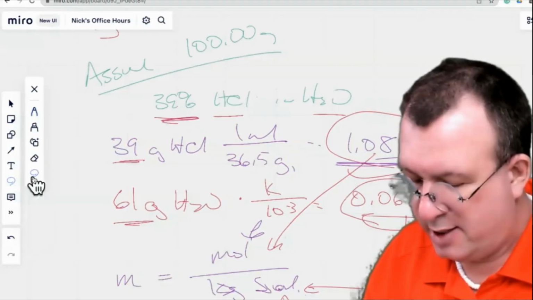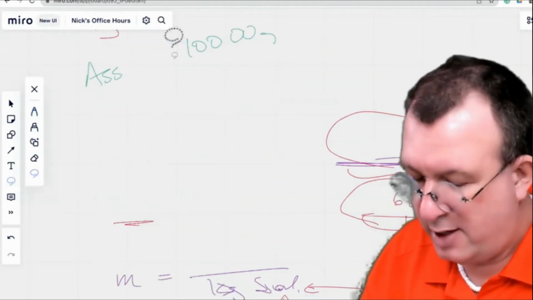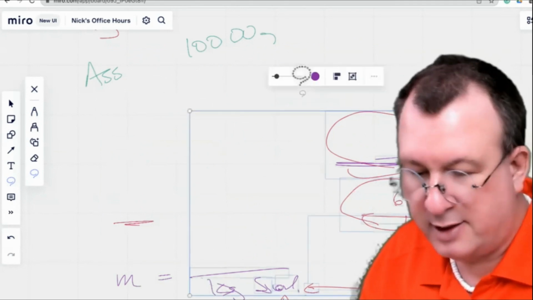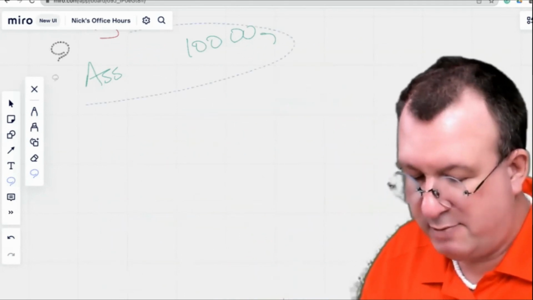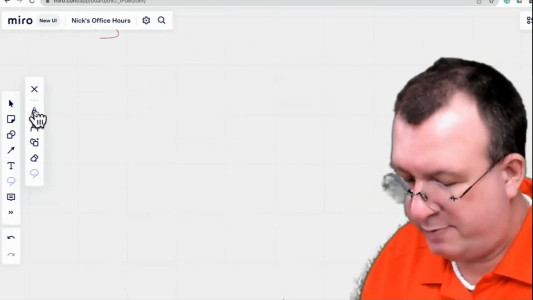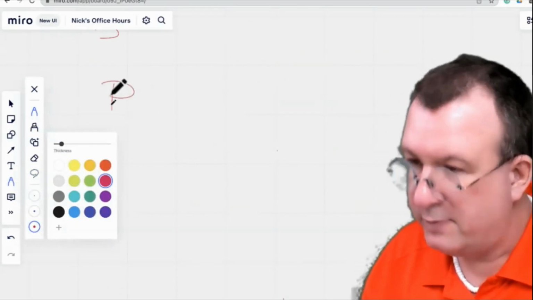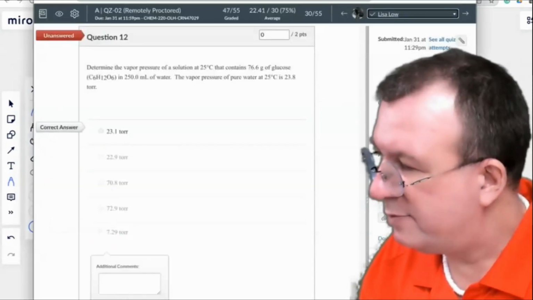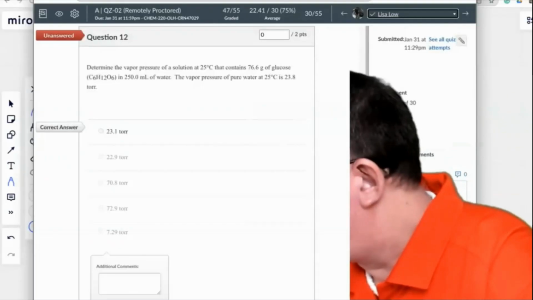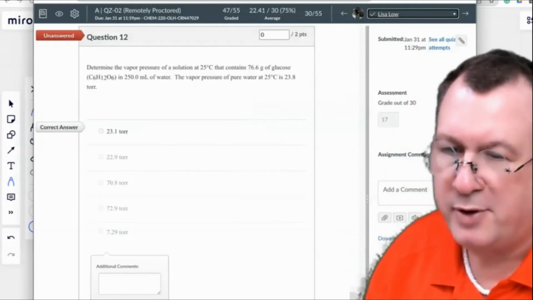Raoult's law says that if I want to have the vapor pressure of anything that's in the solution, it could be a solvent, it could be a solute, it doesn't matter. In this case, they're asking for the vapor pressure of water, I'm guessing.